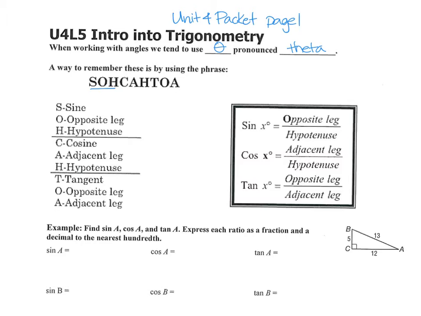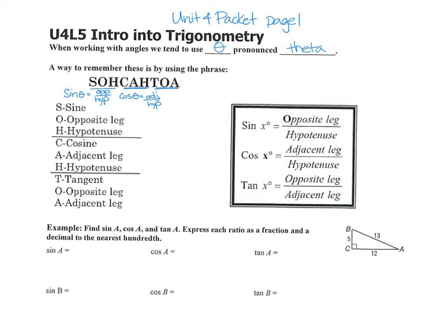It's SOH CAH TOA. The SOH helps me remember that sine of theta is equal to the opposite side over the hypotenuse. That's my S, O, and H. The CAH helps me remember that cosine theta is adjacent over hypotenuse.